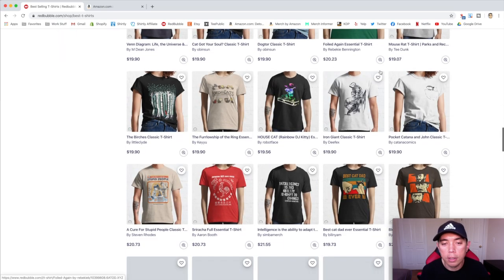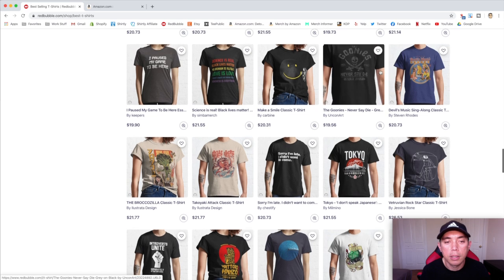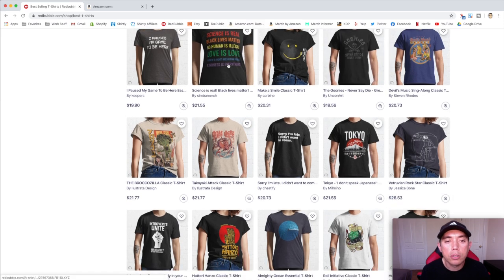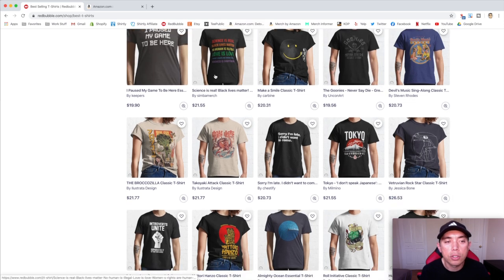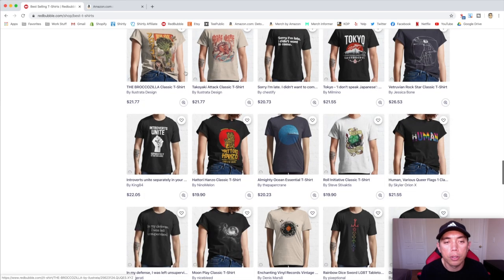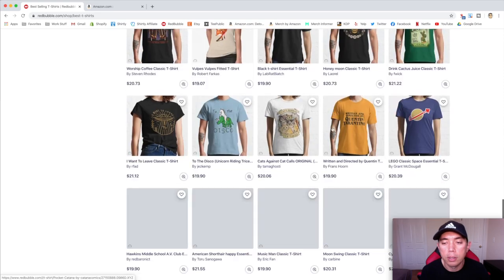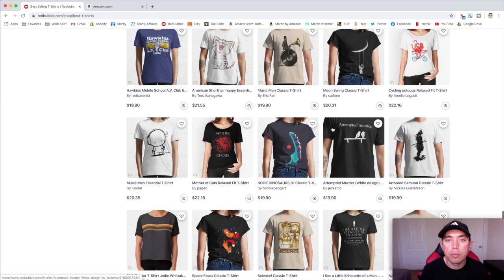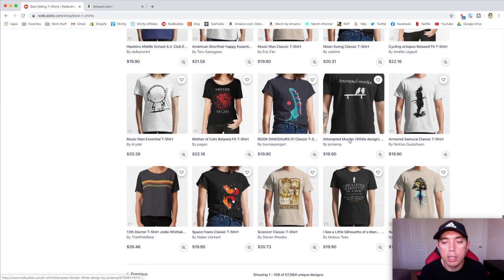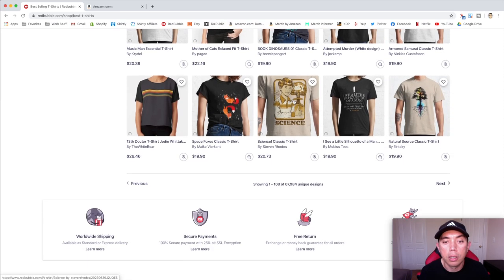So you can see here, nice artwork. There is some crossover. I mean, there are some text shirts that do well, but for the most part, you can see there is a difference where there's nice artwork here. So there is some overlap of audience, but there are some really different audiences as well, right? So you can see things that you see here didn't necessarily show up on Merch by Amazon.